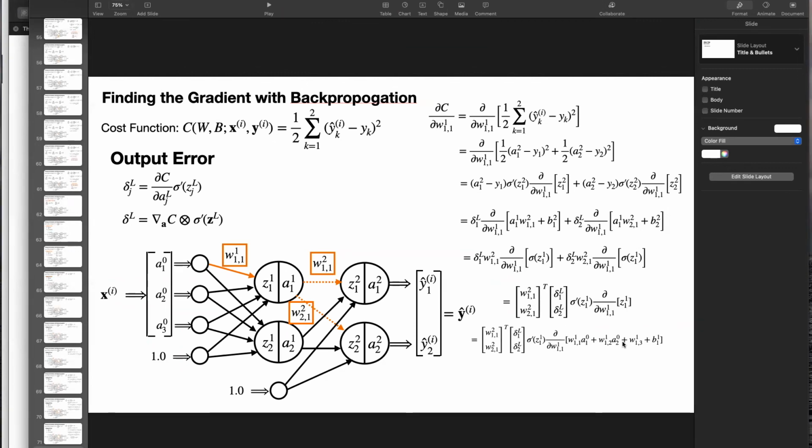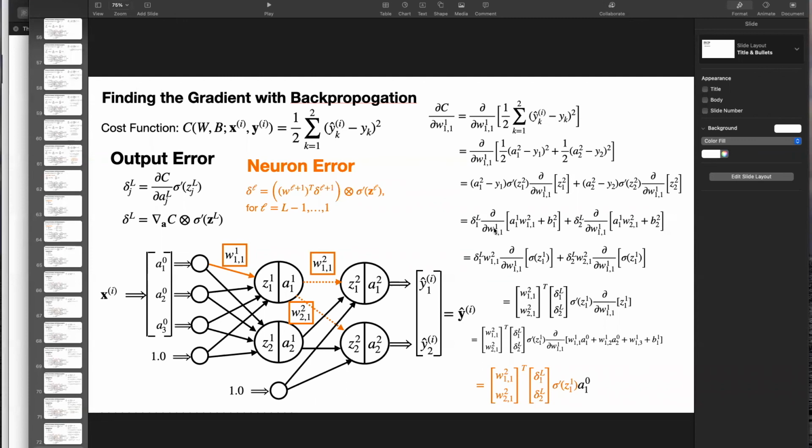So Z1 is really this value here. Looking at all those values, the only one that's the coefficient of W11 is A1. So we arrive at something called a neuron error.